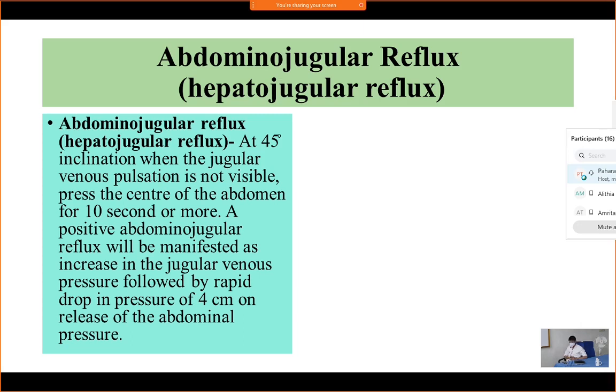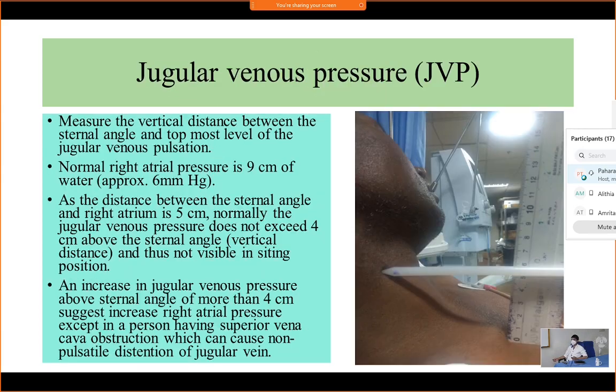So when you press over the abdomen, it will increase the height of the pulsation, and when you release, it again falls down. If that fall is more than 4 centimeter, then we call it a positive hepatojugular or abdominal jugular reflex.